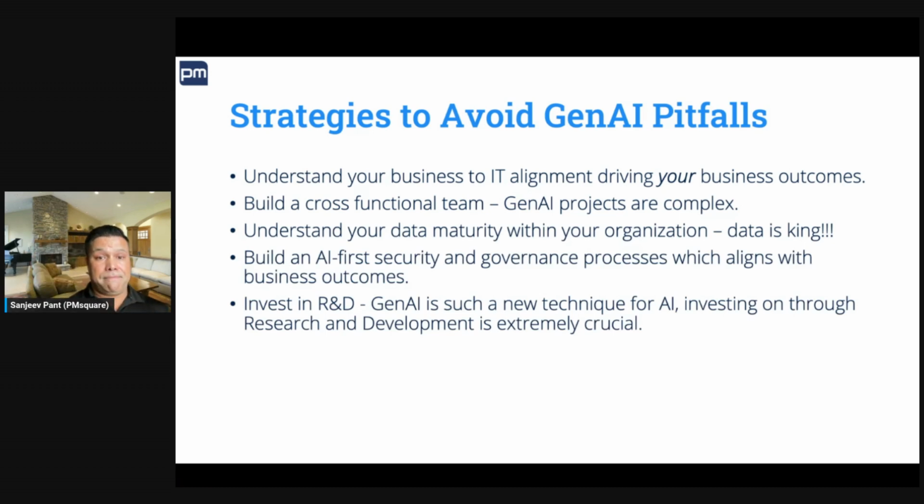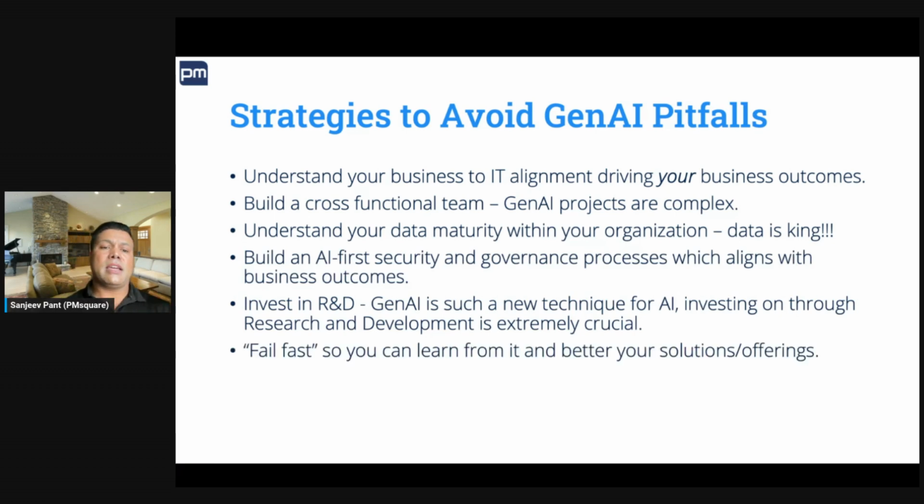Invest in R&D. This is very important. Generative AI is such a new technique for AI. Investing in R&D is extremely crucial. This is one of the most important things. And then fail fast. If you don't fail fast, if you try to resolve a problem and look at every permutation and combination, you will run into challenges very quickly, just because you are so far into that development cycle, you can't go back.